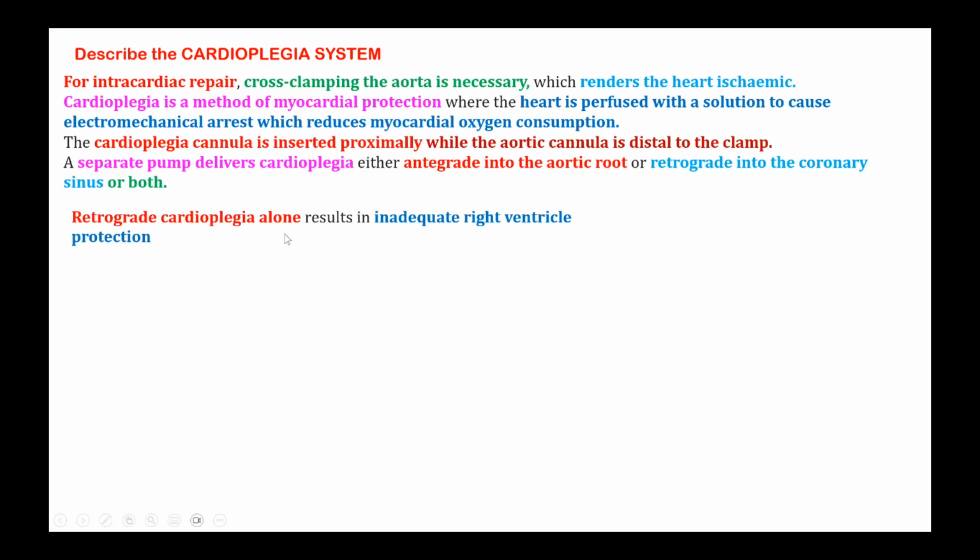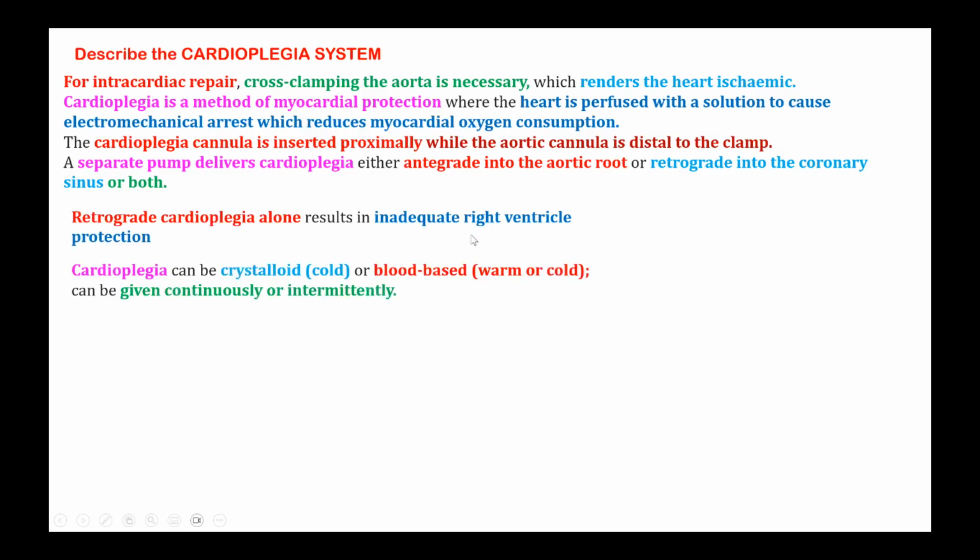Retrograde cardioplegia alone results in inadequate right ventricle protection, so that is the reason why sometimes we have to give cardioplegia through both antegrade and retrograde. And the solution can be a crystalloid or a blood-based solution, and it can be given continuously or intermittently.